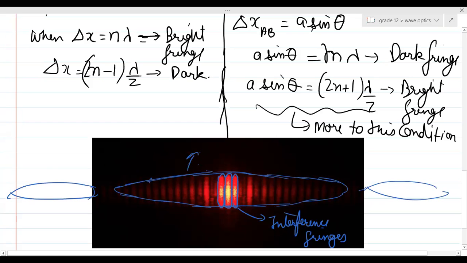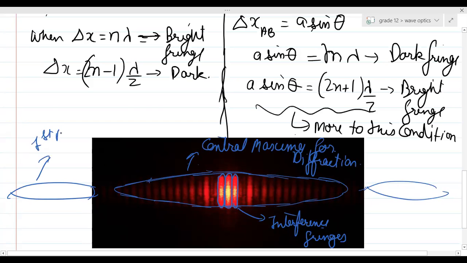So the whole thing is because of the central maxima for diffraction. In general, when you try to do this, it looks like this. This is the first bright for diffraction. And can you see the first dark over here?